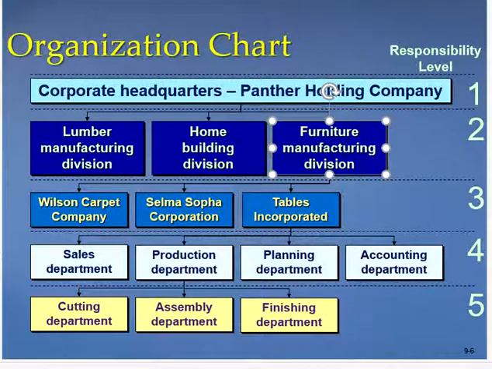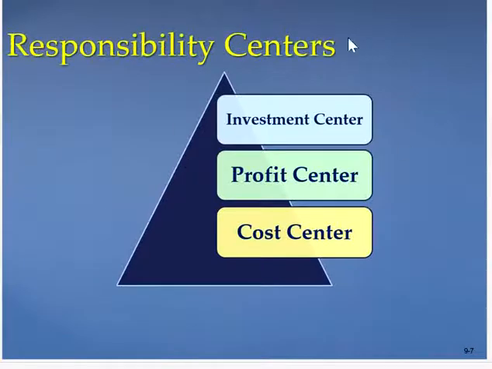So just to summarize, responsibility centers can be further divided into three: investment center, profit center, cost center. The manager of an investment center is responsible for revenue, expenses, liabilities as well as earnings or profit.